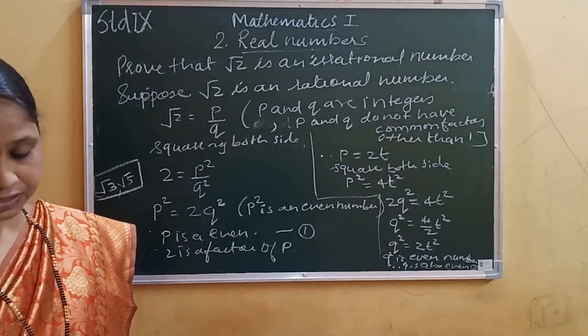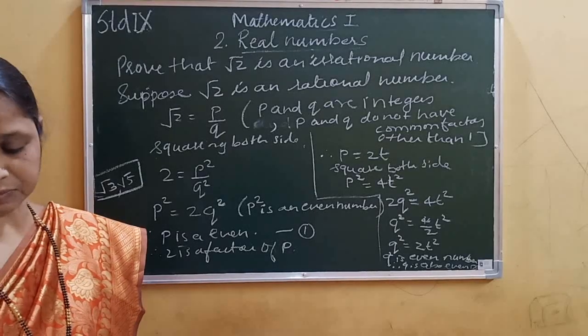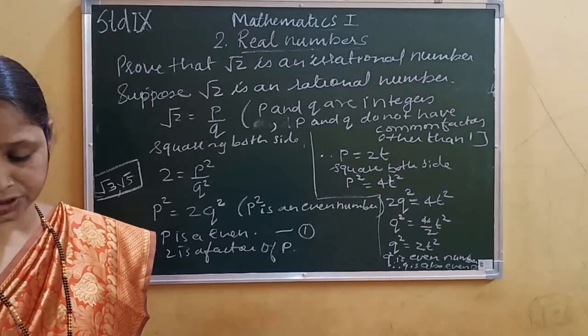Now next we will see the decimal form of an irrational number.